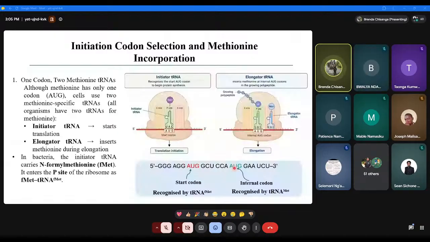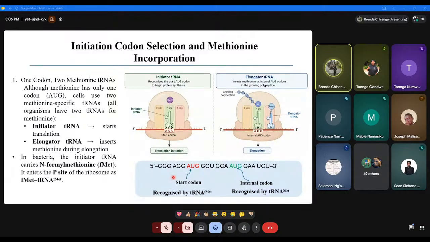While the tRNA that recognizes an AUG similar to this one will also bring in methionine, but it is not modified. In this sense, it is not formylated. So this is one of the mechanisms by which a cell, or should I say the ribosome, can distinguish between an AUG which marks the beginning of information on the mRNA, and one that is found internally along the mRNA.